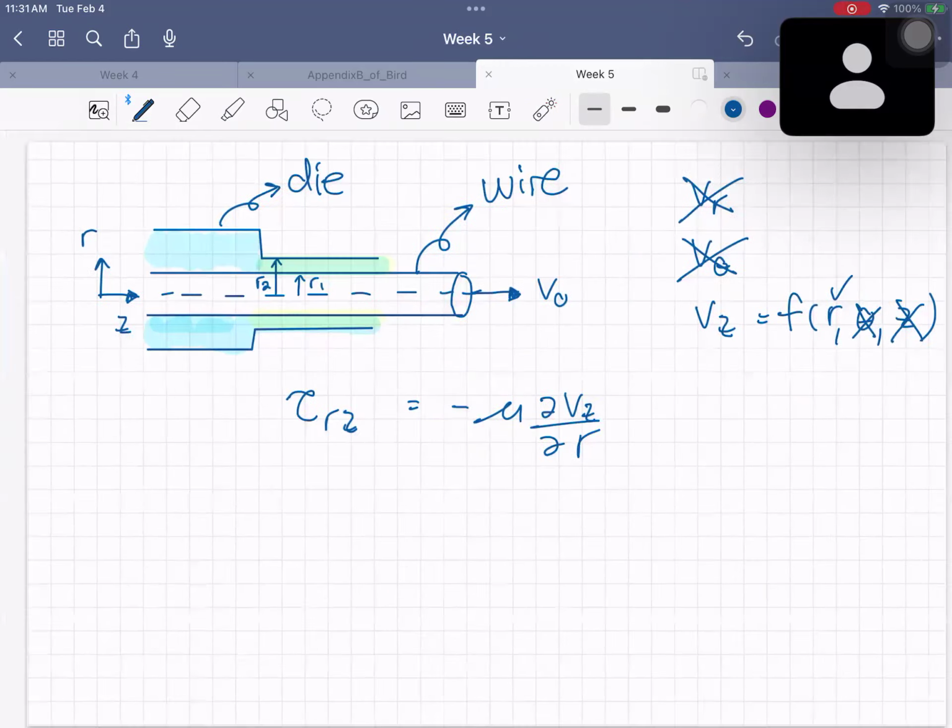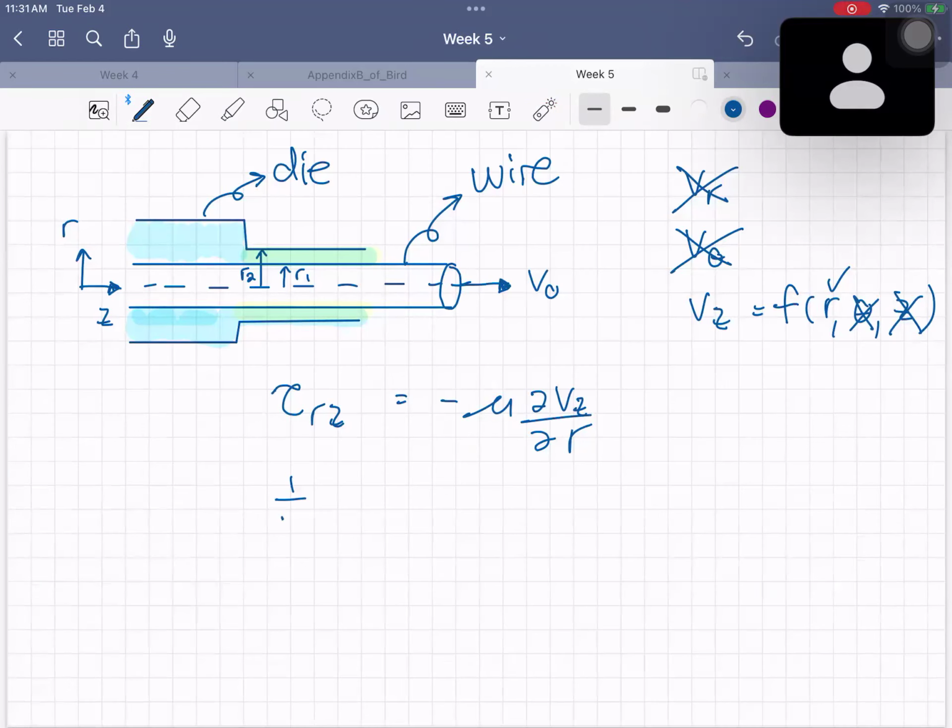So let me write this. It will be equal to 1 over r, d by dr of r tau rz, equal to 0. So just do one integration, okay? So one integration will be equal to C1 over r, okay? Again, this will be a different approach to what you did because I start from the general equation of motion, but you all started with the Navier-Stokes equation, right? So we're going to compare that we have the same solution, all right?